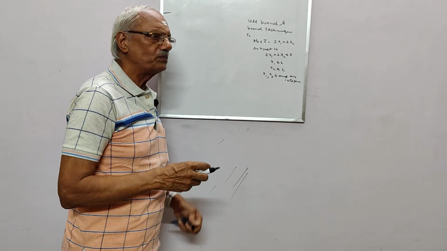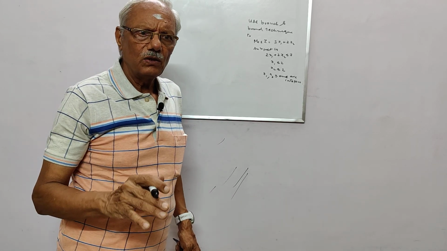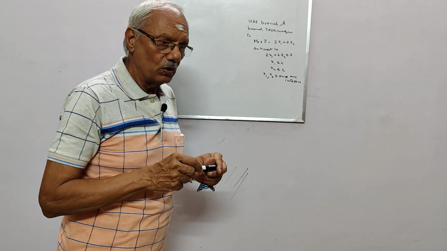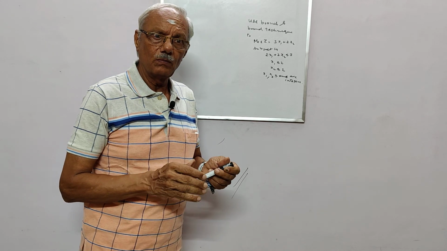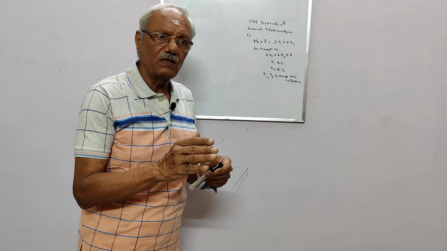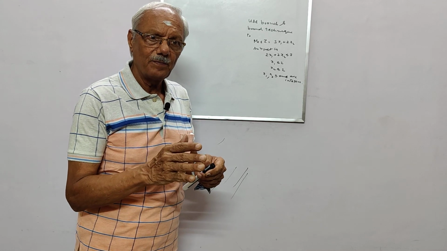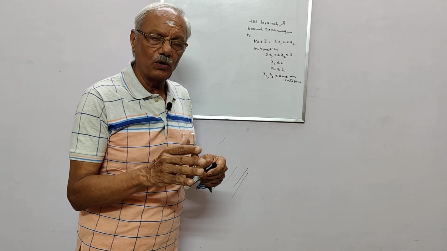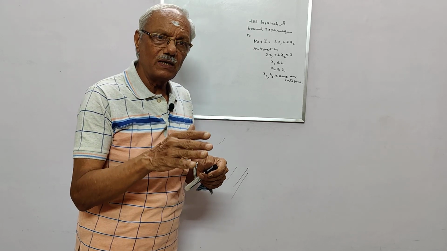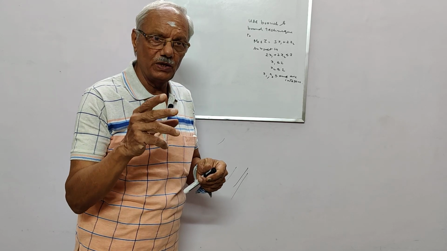Okay, now here, understand one point that I want to make clear: this graphical method can be employed to find the integer solution only because we have two variables.